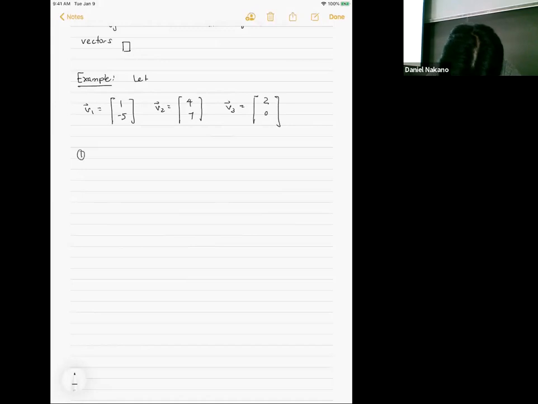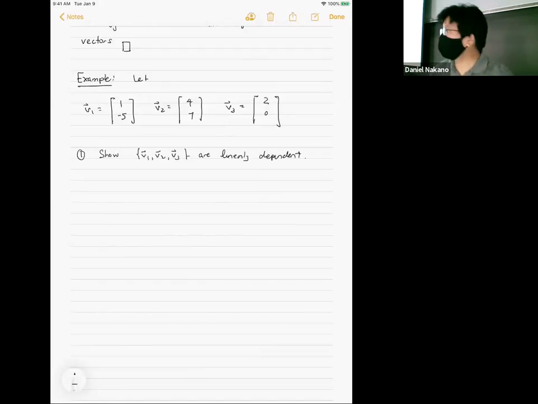Part 1 is to show the vectors V1, V2, and V3 are linearly dependent. We kind of know how to do this using Ac equals 0.